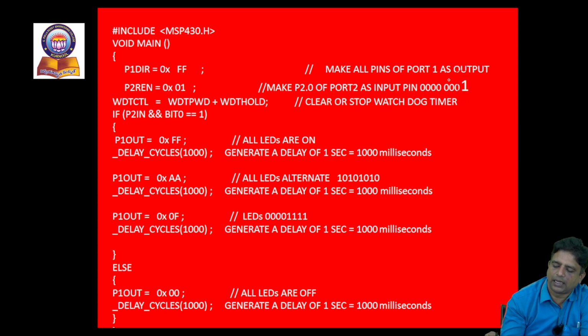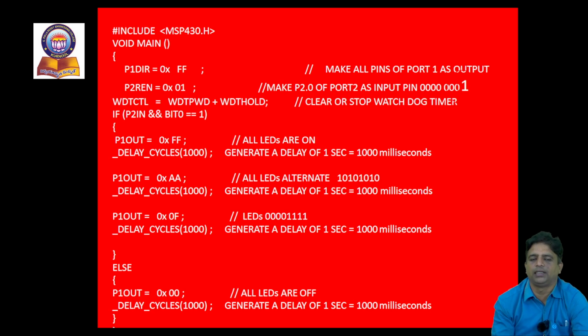What we are adding to the program is that the same arrangement of multiple operations on LEDs should happen, but only on one condition: whenever we press the switch. The program is enhanced so that if the switch is not pressed, then all LEDs should be off. If the switch is pressed, then the patterns should happen at a regular delay.